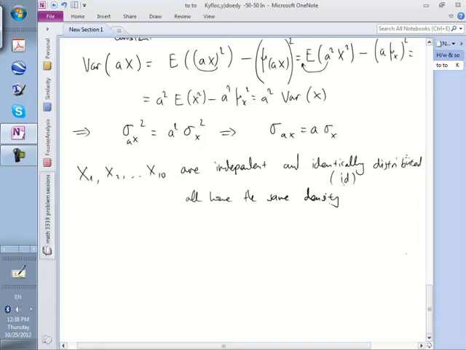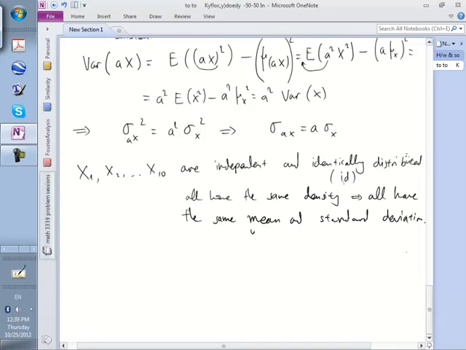The same mean and the same standard deviation. And let's call the mean mu and the standard deviation sigma, which are common.